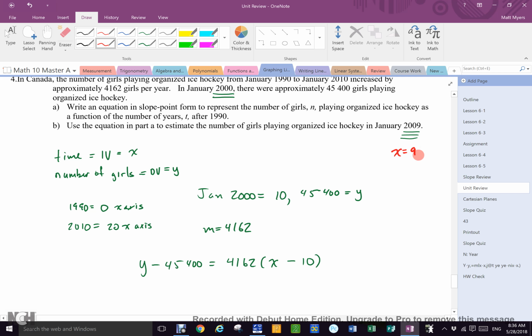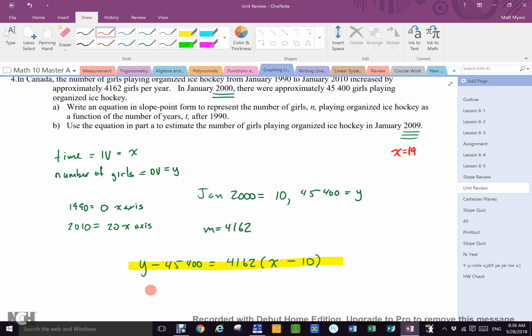So where does that go? Is it an x or a y value? It says x equals 19. Do I see an x anywhere in that equation? Yes, right there, which means what number can I write there? 19.